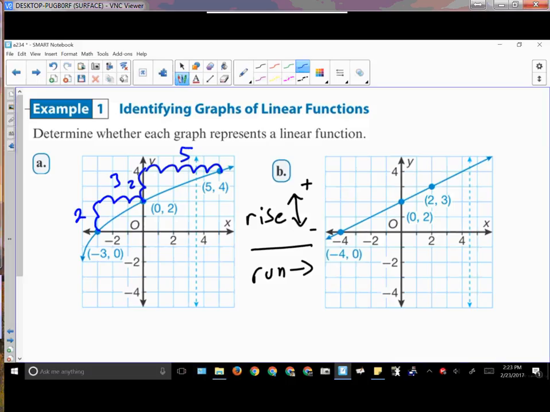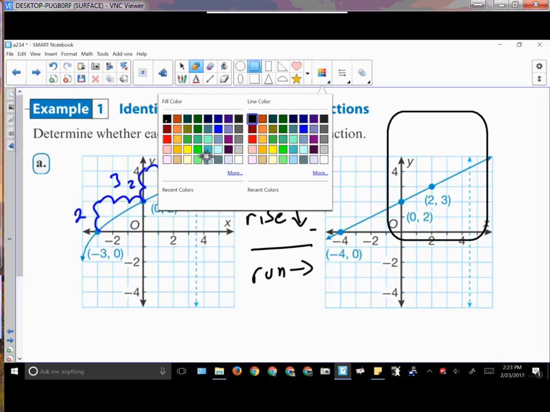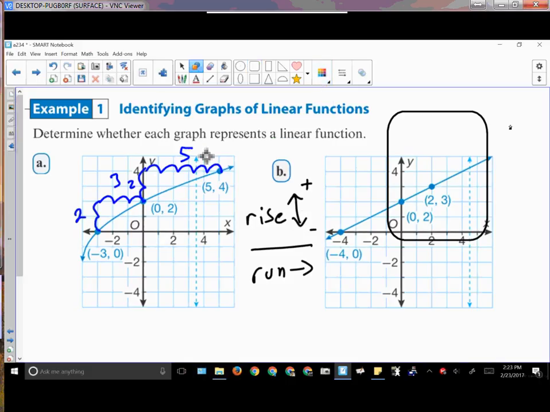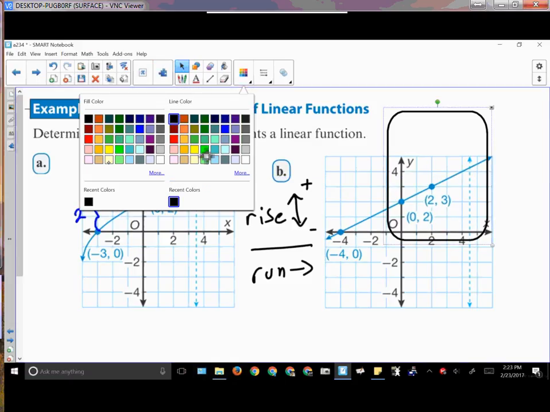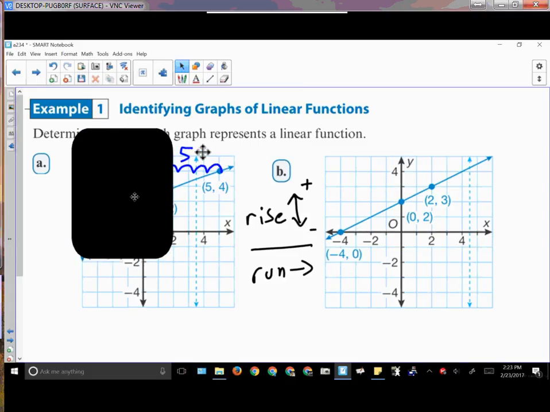Now I'm telling you this because you can't just look at it and say, oh, that's got to be a line. Because if I only showed you, say, that much of that graph, and that's all you've seen of it, that looks pretty darn straight, doesn't it?